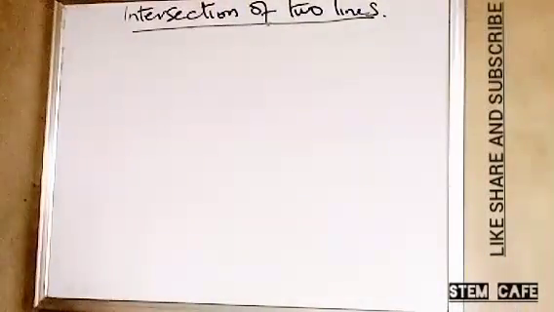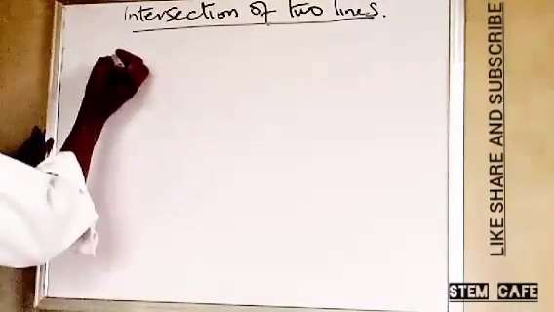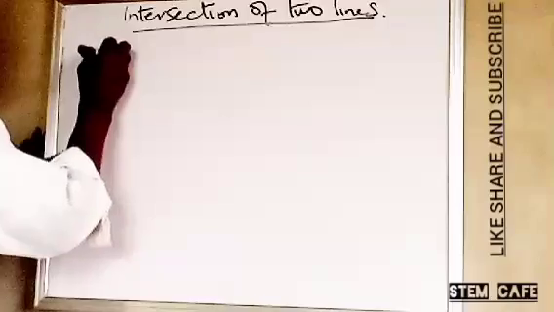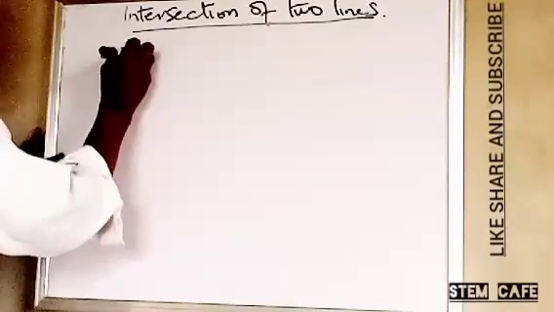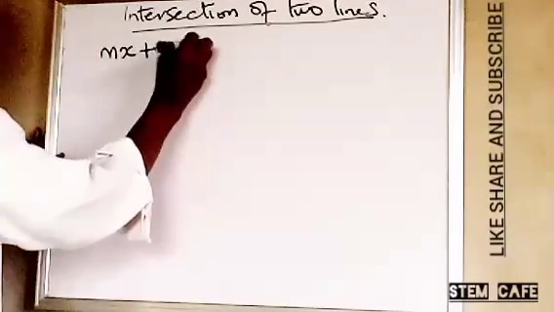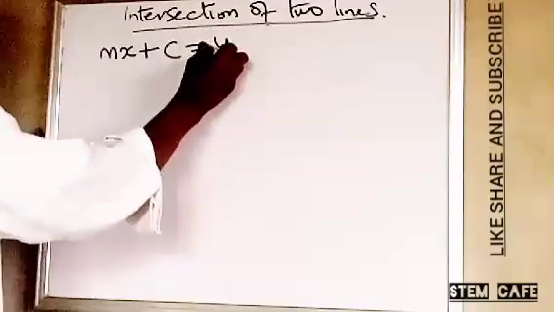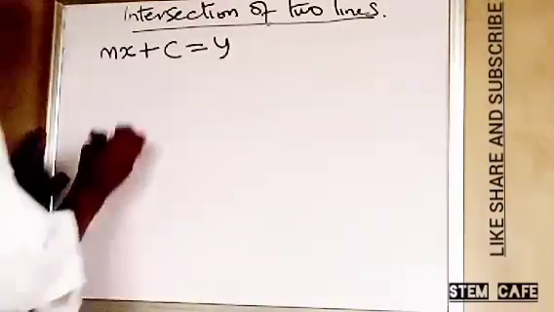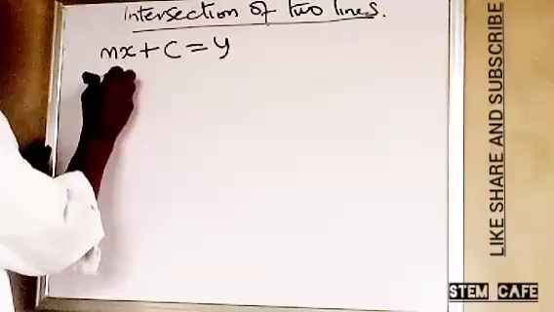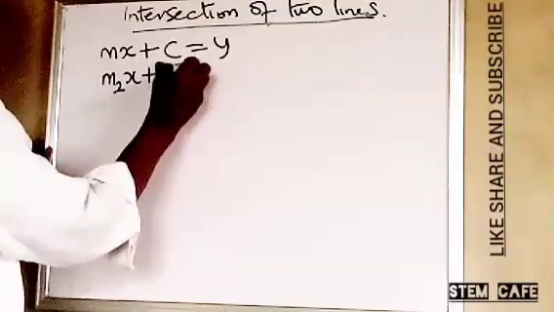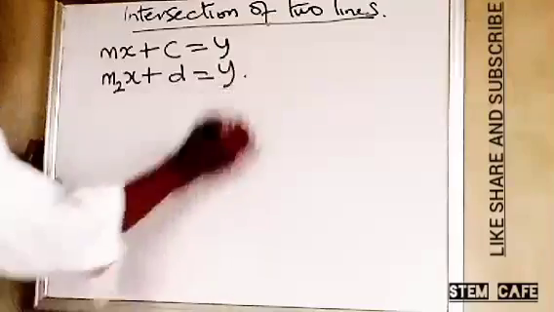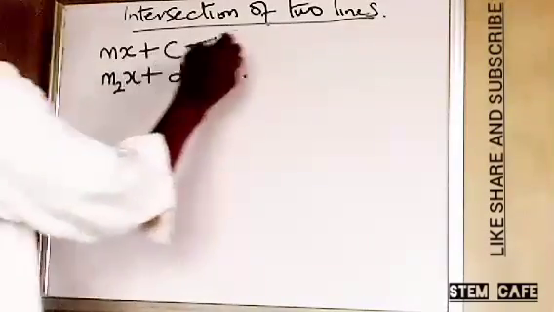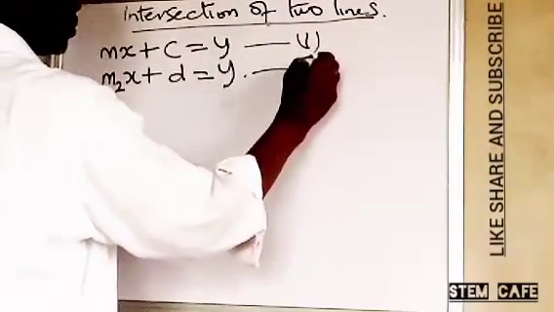Thank you. Now let's talk about intersection of two lines. Two lines will intersect when there is a common point to the two lines. How do I mean? Let's say we have a line n1x plus c is equal to y. Another line, n2x plus d is equal to y. And let's call this one line 2.